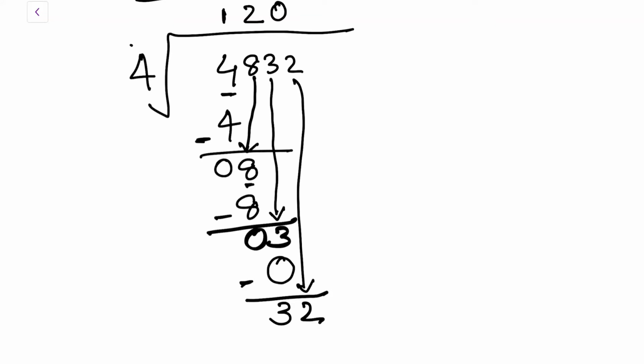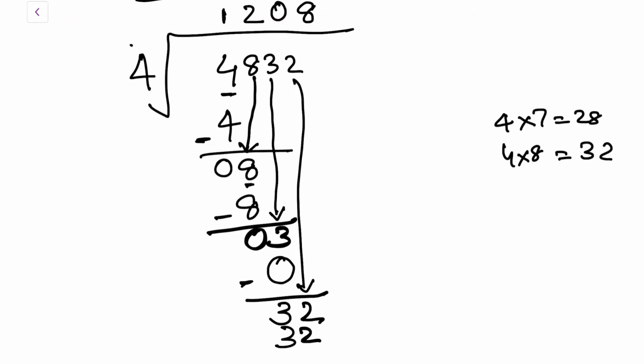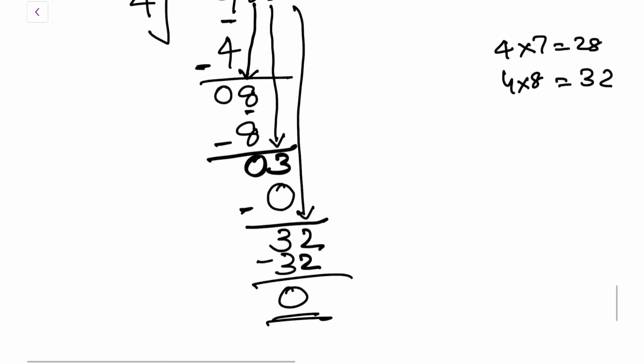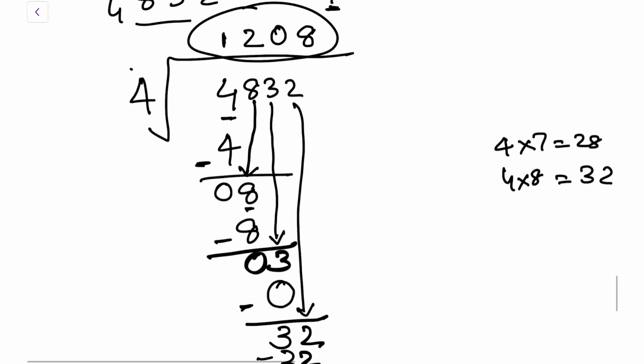4 into what is 32? Remember, 4 sevens is 28. And 4 eights is 32. Excellent. 4 eights are 32. And you get the remainder as 0. Alright. So this is your remainder. This is your quotient.